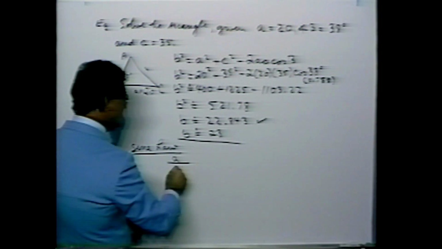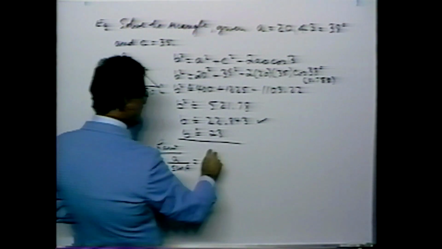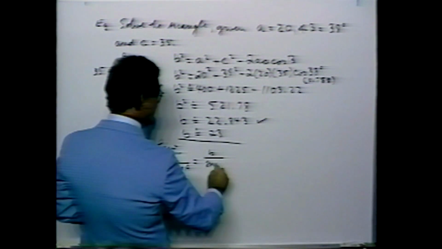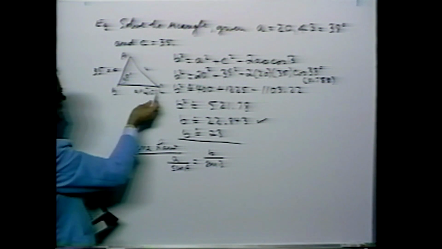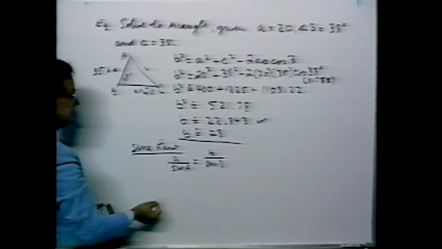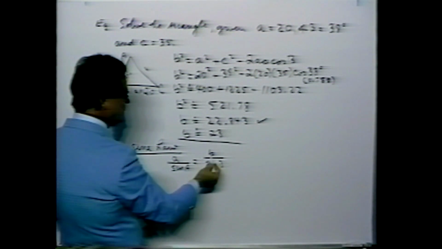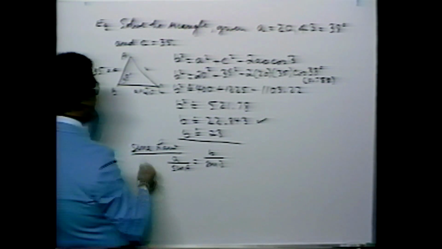a over the sine of A is equal to b over the sine of B. We could have started with c over the sine of C. That was an alternate choice, but you have no choice but to take the ratio b over sine B in this problem.